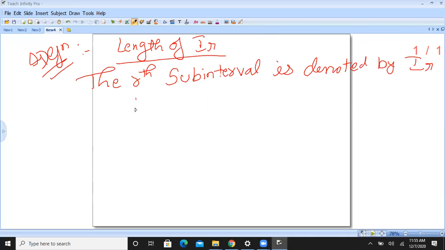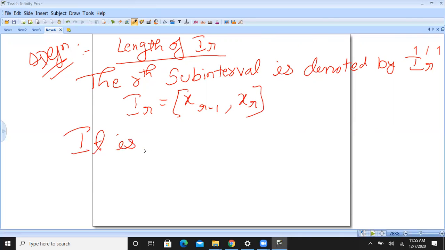Therefore I_r is equal to [x_{r-1}, x_r].